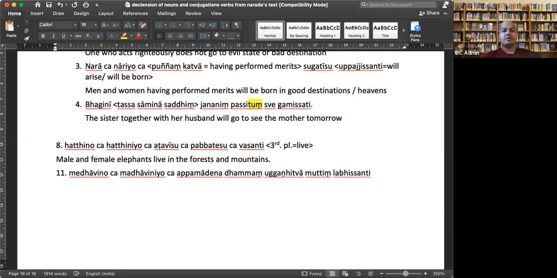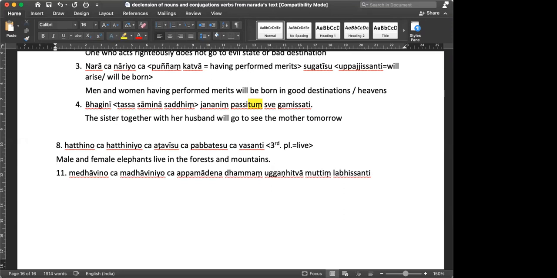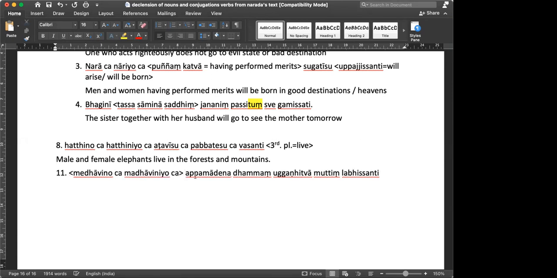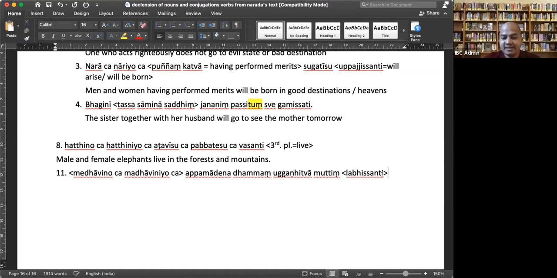How do you translate this sentence? This sentence appears to be a bit longer. Medhavinocha, medhavinyocha: wise males and females. Labhissanti is the main verb. Dhammam, appamadena dhammam uggahetva, muttim labhissanti.